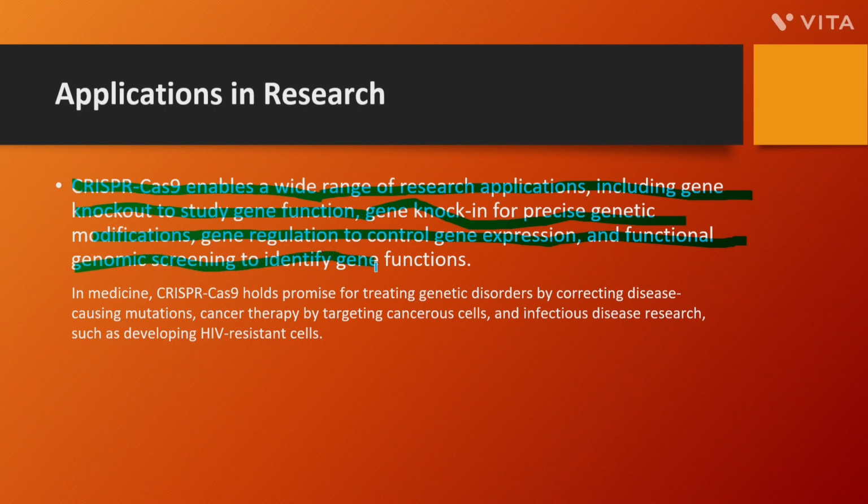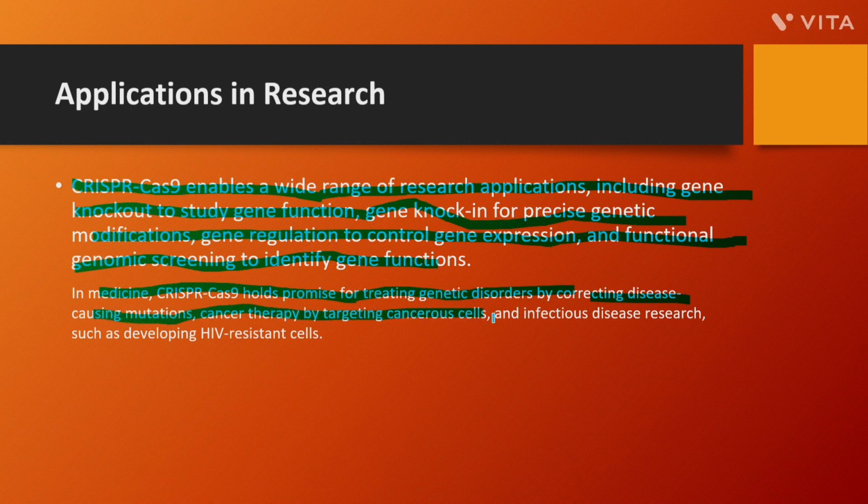In medicine, CRISPR-Cas9 holds promise for treating genetic disorders by correcting disease causing mutations, cancer therapy, and targeting cancerous cells, and infectious disease research, such as developing HIV resistant cells.